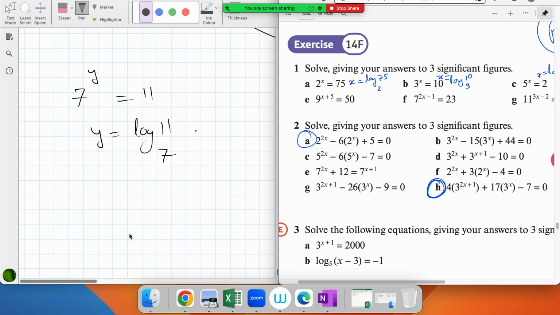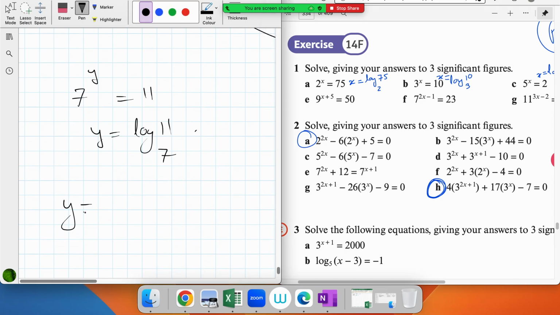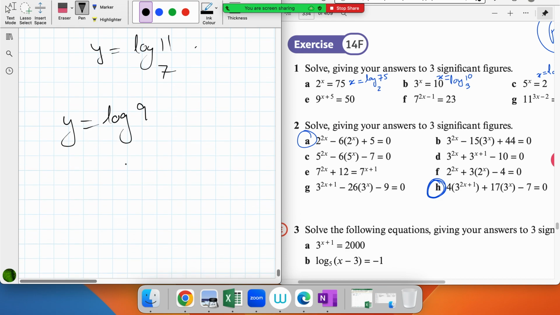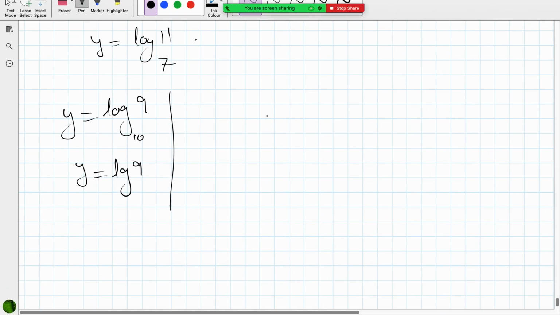Suppose y is equal to log of 9. When there's nothing written, it is understood that the base is 10, and we can write it as lg 9 in short form. And when you have e exponential, suppose e raised to power x is equal to 7, so this is x is equal to log 7 to base e.